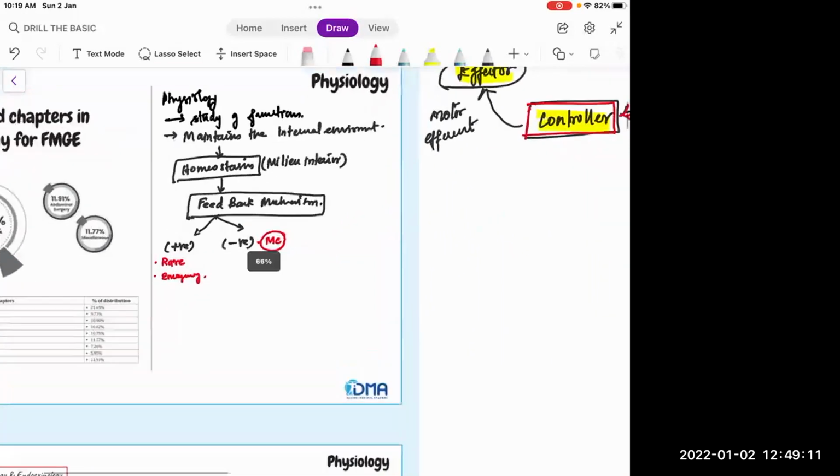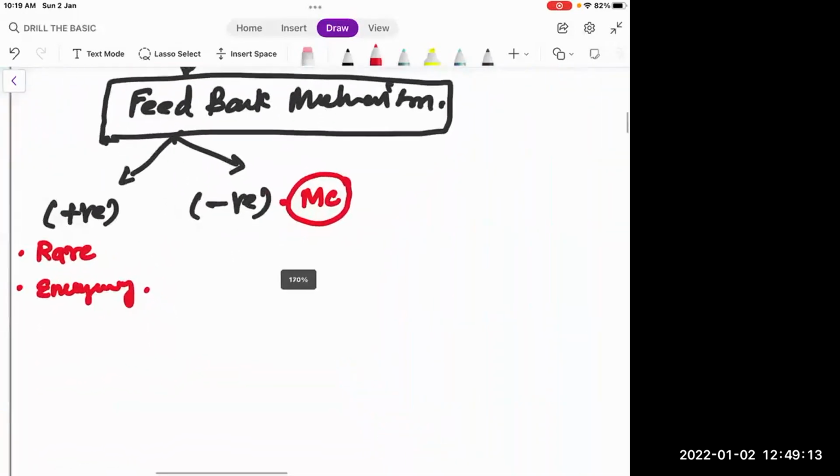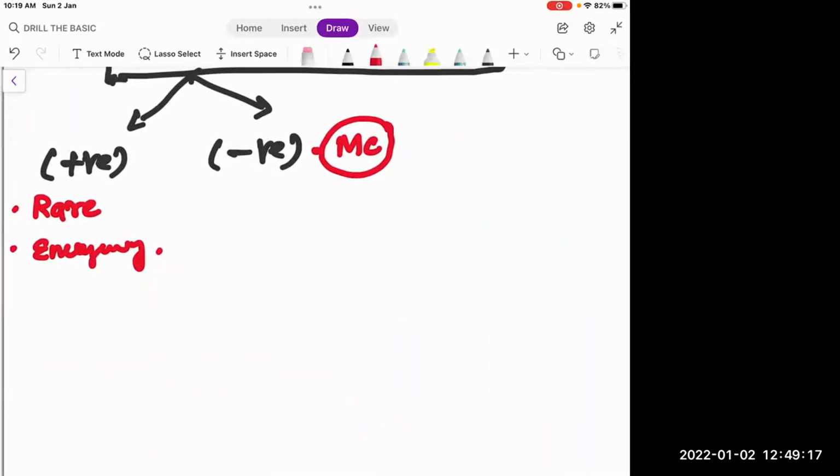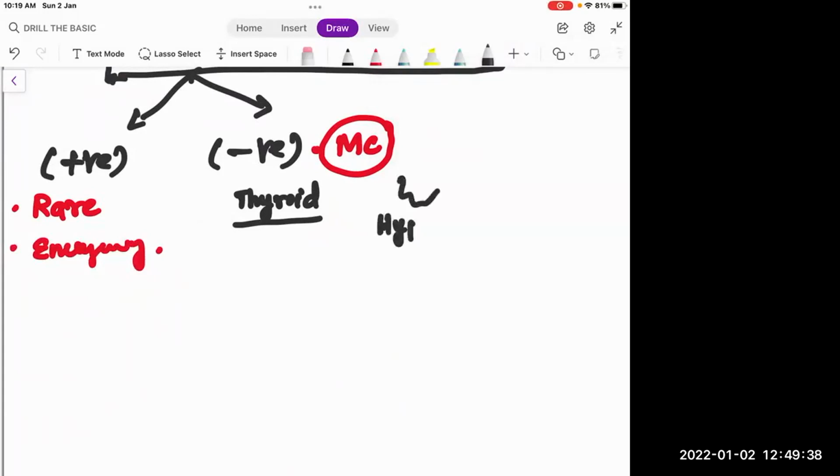Okay, how does the negative feedback mechanism work, and what is the very basic example of it? We will see the thyroid level, for example, the secretion of thyroid hormones. The secretion of thyroid hormones always gets the signal from the hypothalamus.